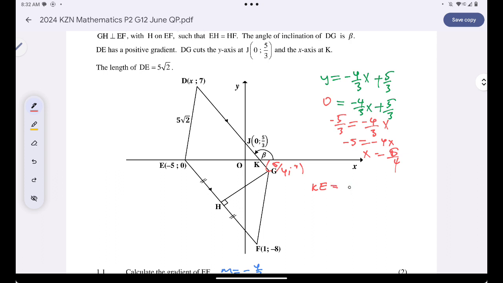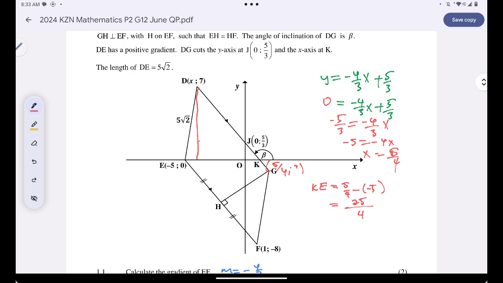KE will be equal to 5 over 4 minus a negative 5. What will I get? 25 over 4, right? So that's the base of KE. The height will be 7.